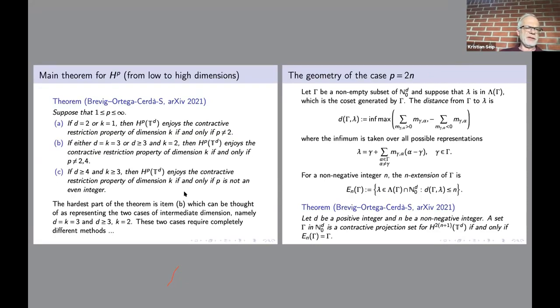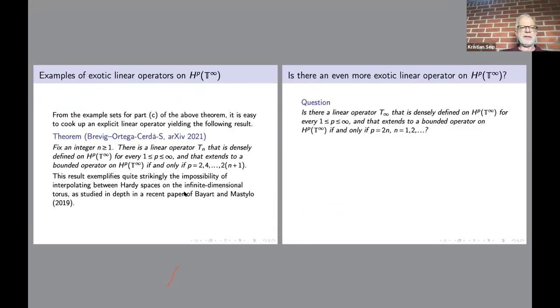So that was the third thing, but there is a nice thing coming out of the proof, which is a very exotic linear operator. What is that?